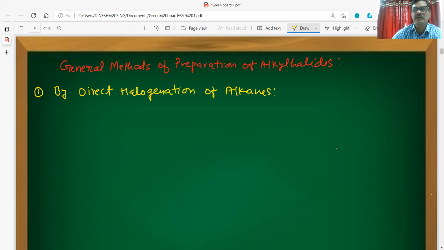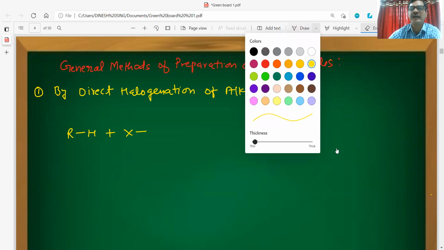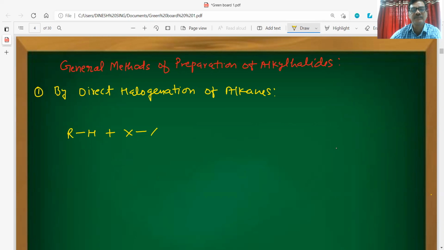So when alkanes are reacted with halogens, alkane is RH, halogen is X2. So when alkanes are directly reacted with halogens in presence of radiation or light, it may be sunlight or ultraviolet radiation.